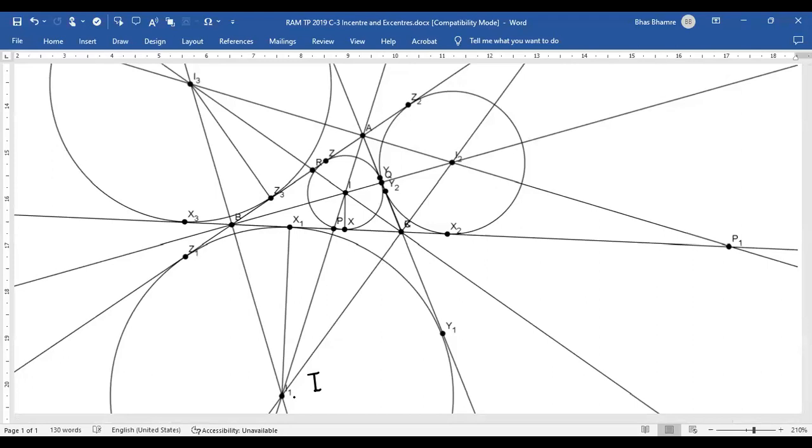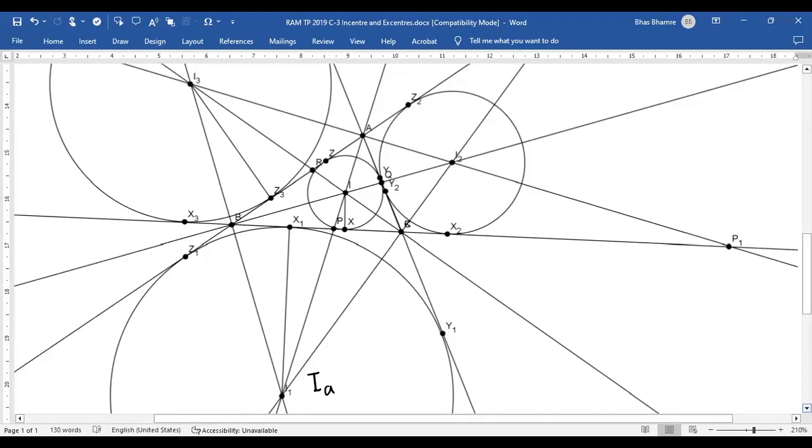Then the excircle with center IA touches the sides in X1, Y1, Z1. Similarly, the excircle with the center I2 touches the sides in X2, Y2, Z2, and here X3, Y3, Z3.